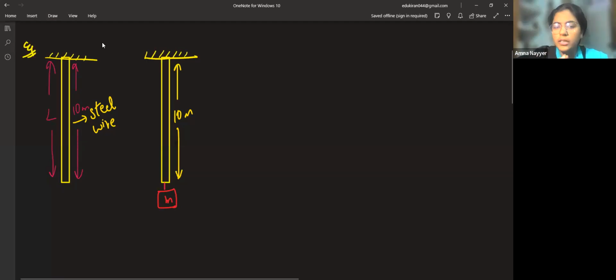If a steel wire is there and you are having a mass fixed, won't it pull it? The molecules which were present closer will now move away because of the force that is acting. So what will be the case?